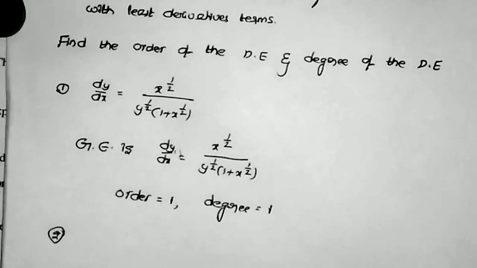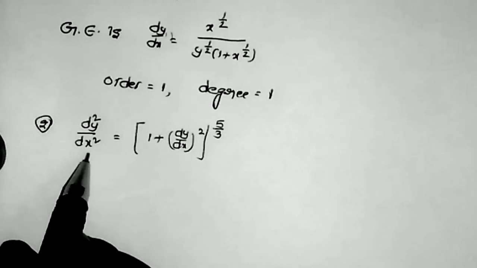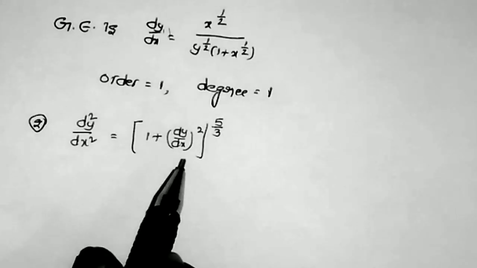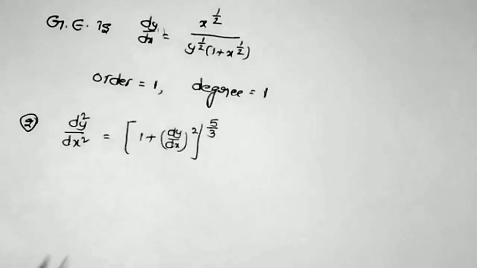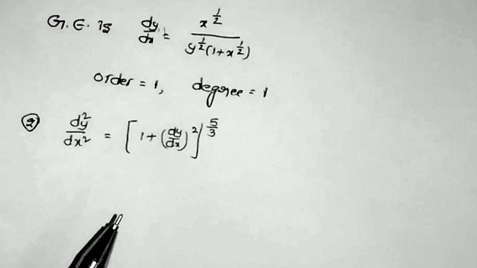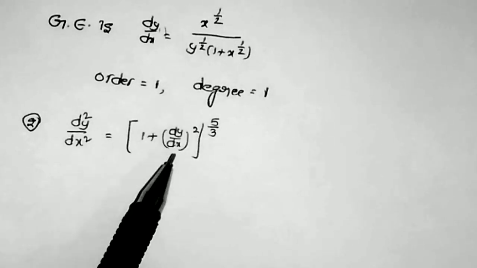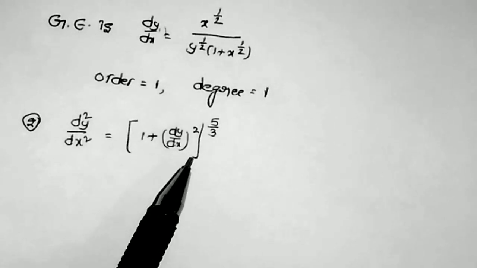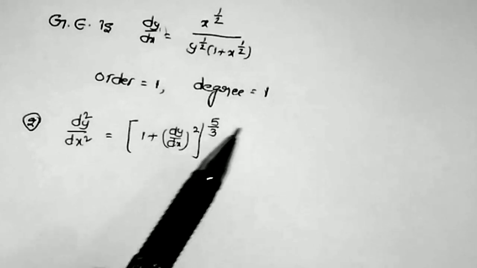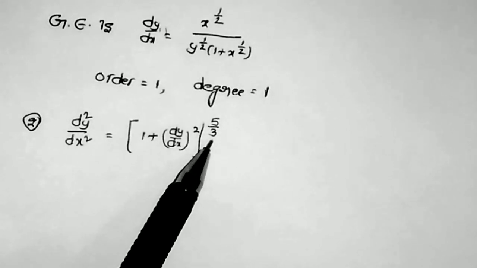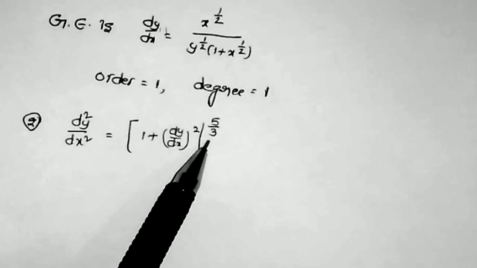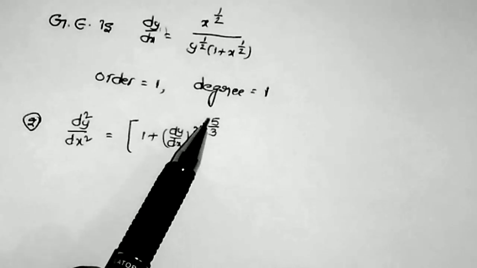Now the second question: d square y by dx square is equal to 1 plus dy by dx whole square power 5 by 3. To find the order and degree of this equation, see here, this is not in the form of a polynomial equation. A polynomial equation doesn't contain radical powers. So first of all, we have to eliminate this radical power, that is 5 by 3.